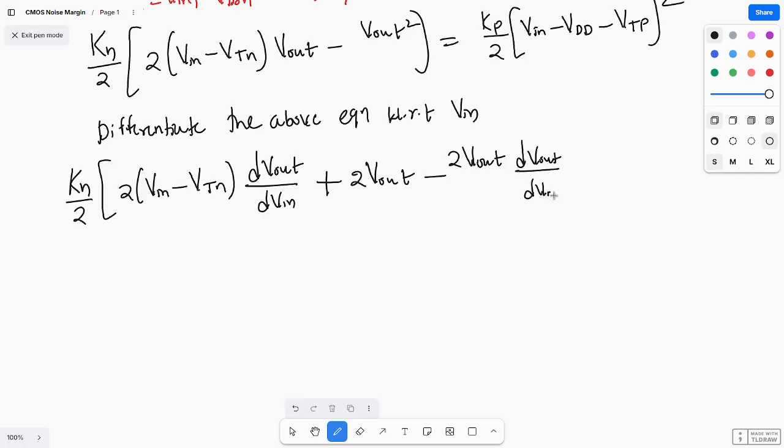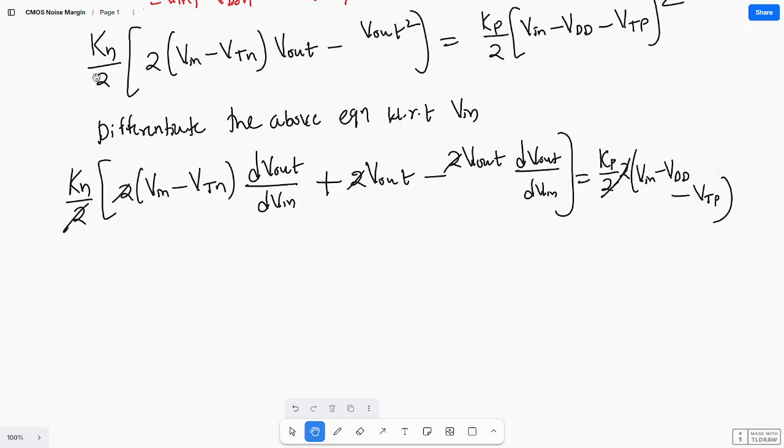That is equal to Kp by 2 into 2 into (Vin minus VDD minus VTP), and differentiation of Vin is nothing but 1. The 2s get cancelled everywhere. Next you substitute dV out by dV in equal to minus 1.